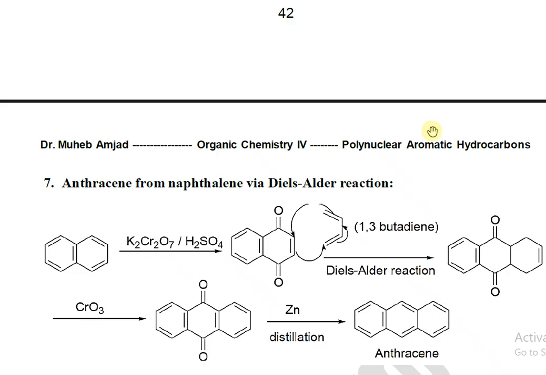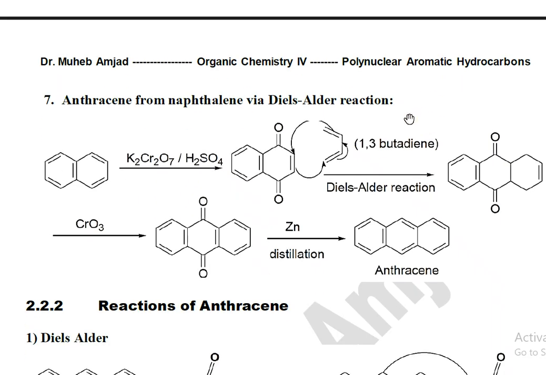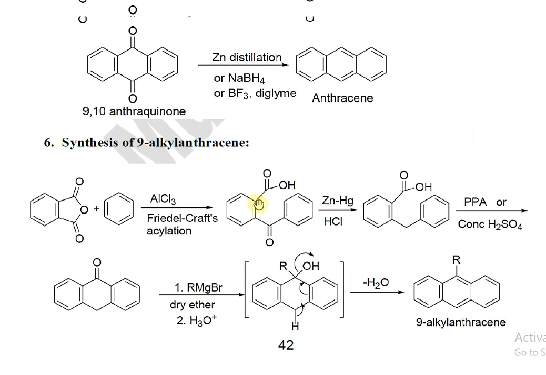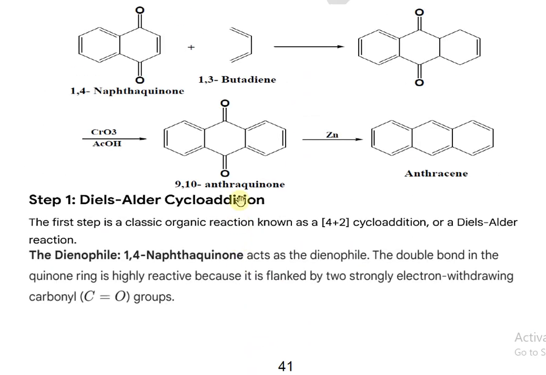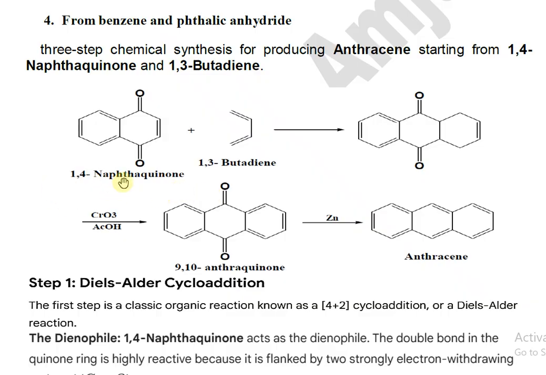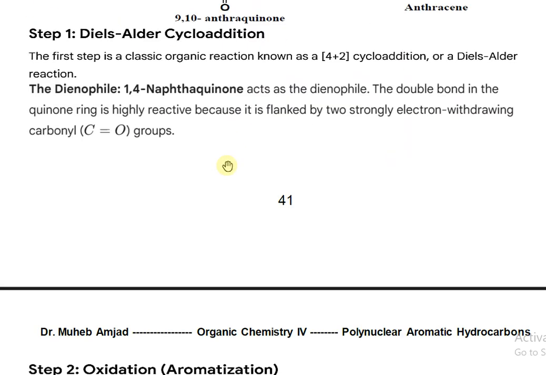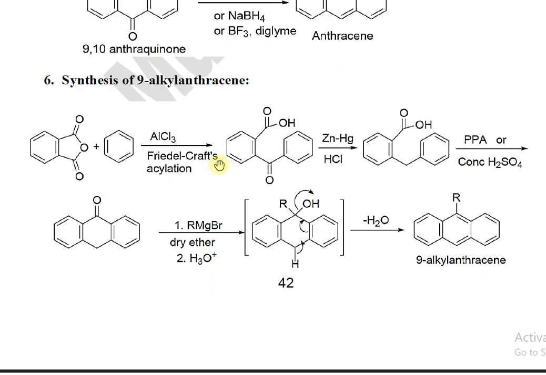Another method to prepare the anthracene is from the naphthalene via these reactions. The first step is oxidation with K2Cr2O7 to give you this compound. Again, 1,4-naphthoquinone, the same step here. Then the reaction with 1,3-butadiene, the same thing here.